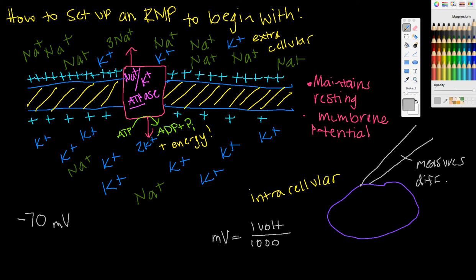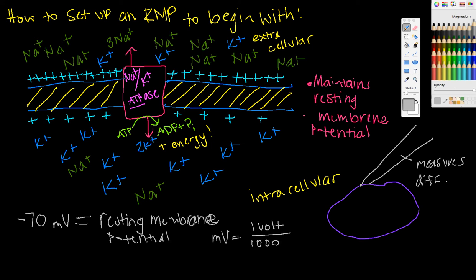If you undo this negative 70 by either letting sodium in or potassium out, you are bringing the membrane either closer to zero, which would be equilibrium, or further away from zero, which is another case altogether, and we'll get into that in another video. But 70 millivolts is the resting membrane potential.